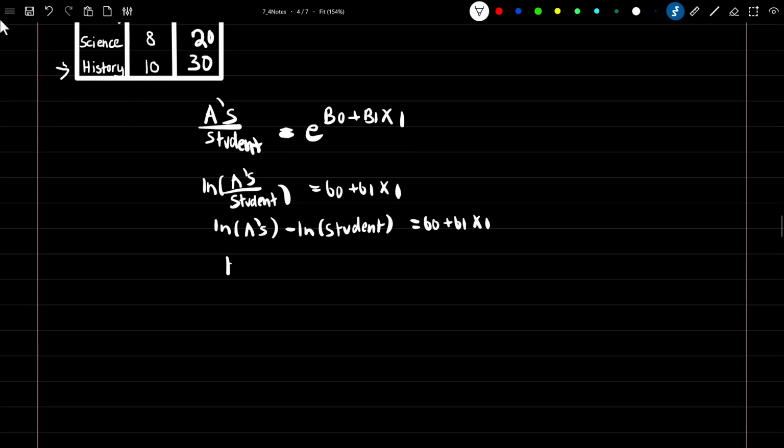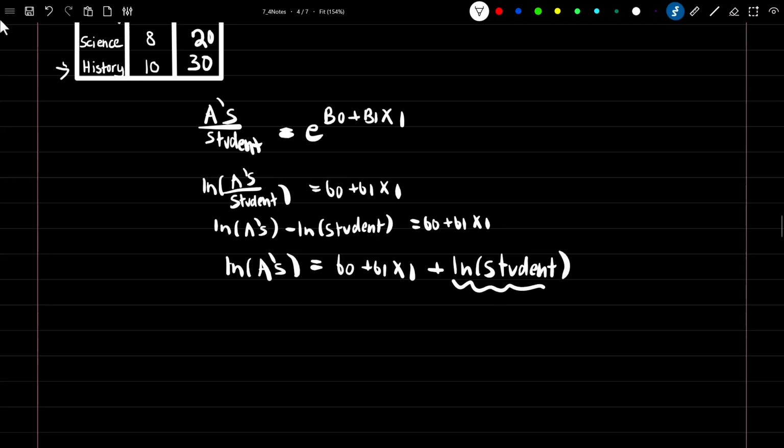And finally, this is equal to the log of A's is equal to our beta 0 plus beta 1 x1 plus the log of student. So this log of student here is going to be known as our offset. And this is going to be our new link function. So the output produced by this, it's no longer going to be the number of A's produced in a classroom.